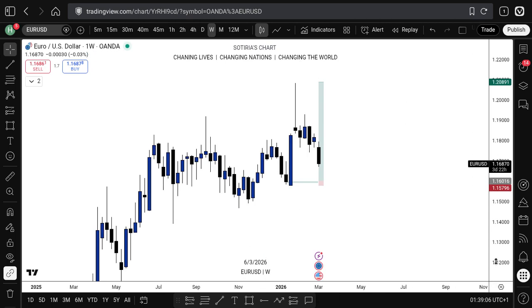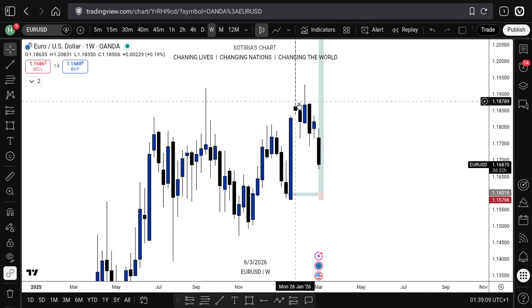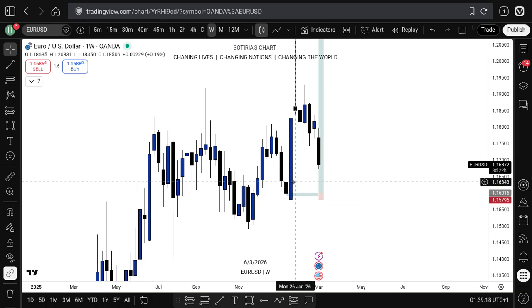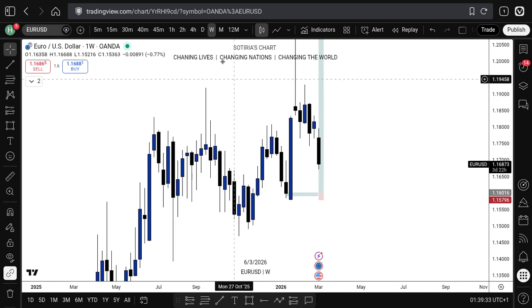On the weekly time frame, we can see that price is having a retracement and price has tapped into this block here. This body here is like a good zone to wait. But we have to know that we are currently in an area of interest. So that being said, we know that we are bullish and we're in an area of interest. So now we have to look at the daily time frame and see if we have anything.